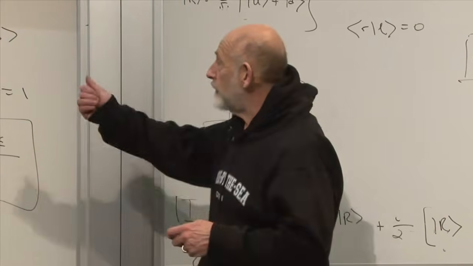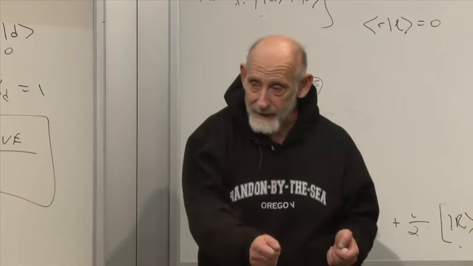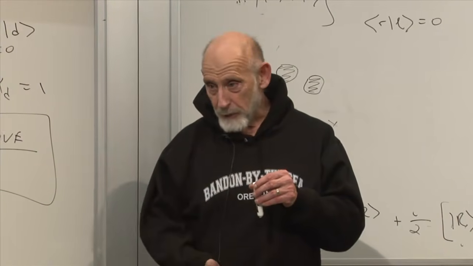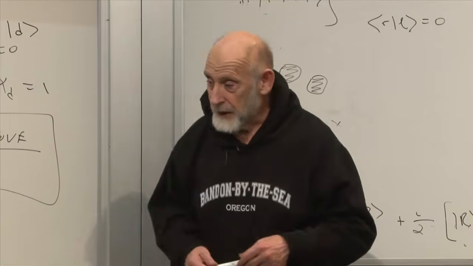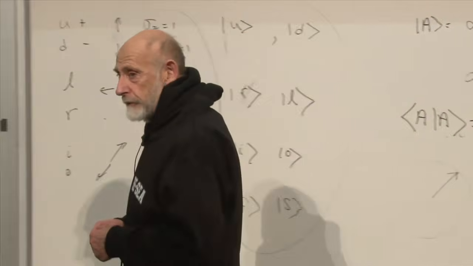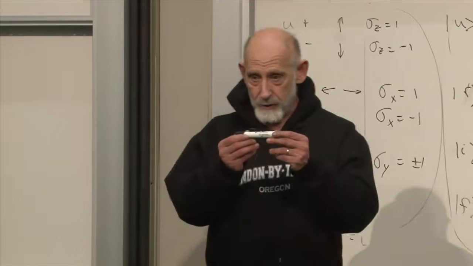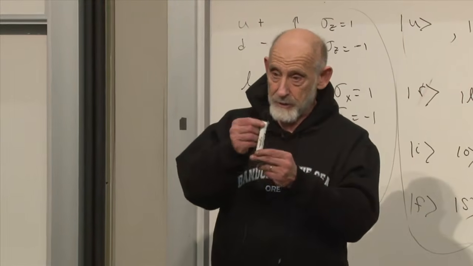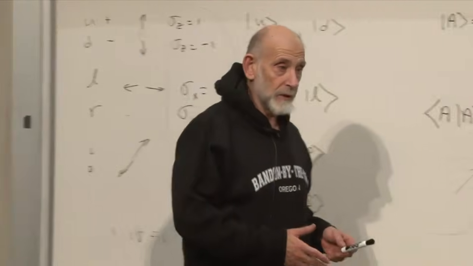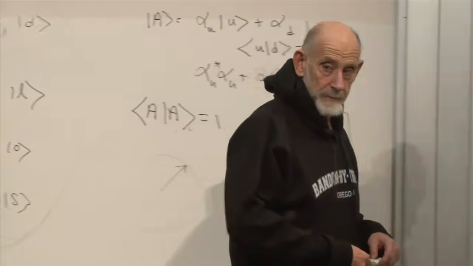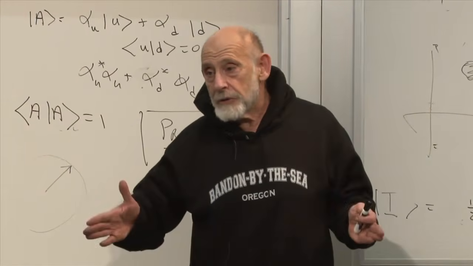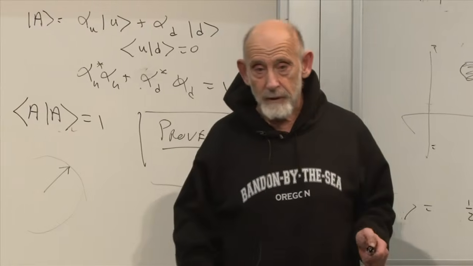You can bring your apparatus over to it, detect it, and if it's up, it'll give 1. If it's down, it'll give -1. Can you use that apparatus to tell you uniquely the difference between a spin pointing along the x-axis and a spin pointing along the z-axis? What would you do to tell the difference? What would you measure? No matter what you measure, it's not going to uniquely tell you the difference.